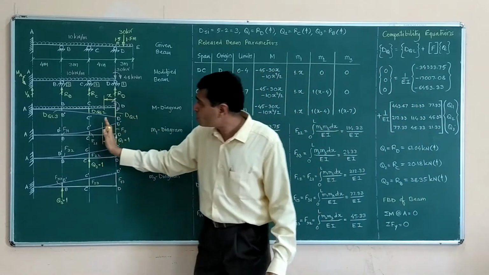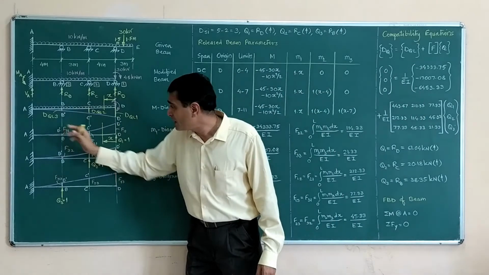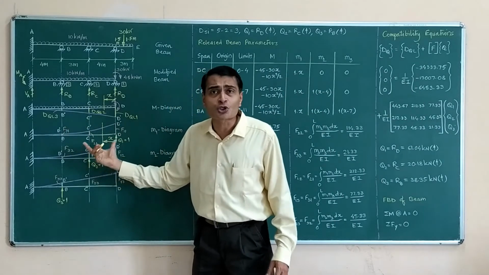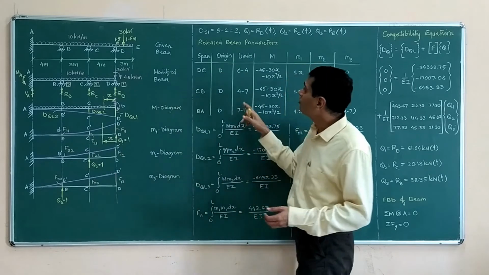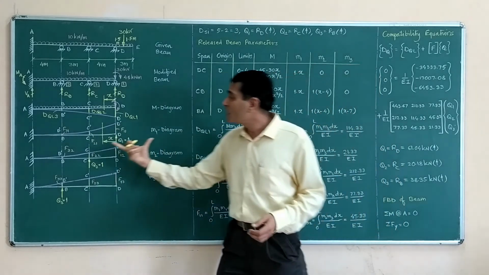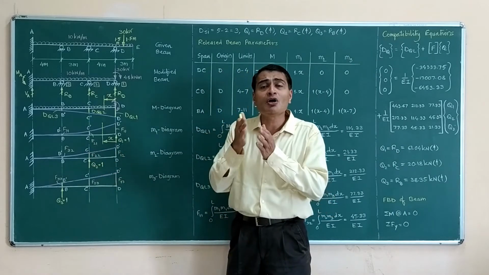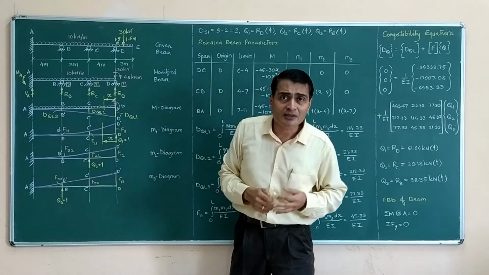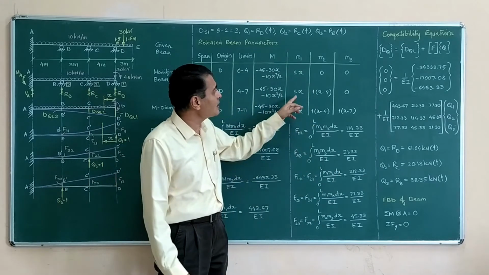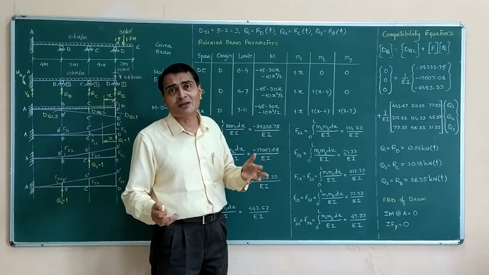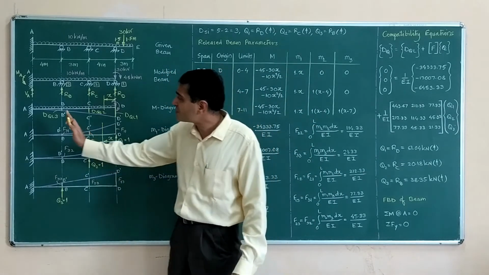If my section goes in span BC, the x value will become large, no doubt. The x range will become 4 to 7, but the bending moment expression in terms of x will remain the same, 1 into x sagging. So that is what I have written here, 1 into x sagging. Same is the case for the last span.